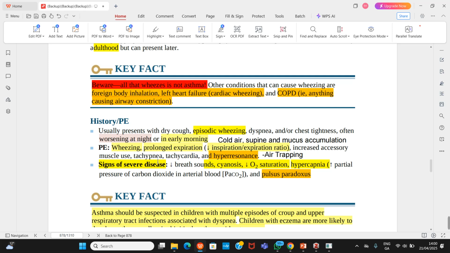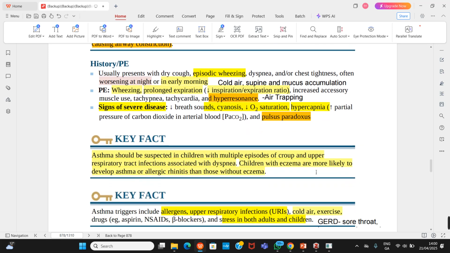But if the person is having a very severe form of asthma and is getting tired, the person can no longer breathe well enough to get CO2 out, and it gets retained. That's an example of type 2 respiratory failure. You want to have that at the back of your mind. Hypercapnia is a very, very bad sign.